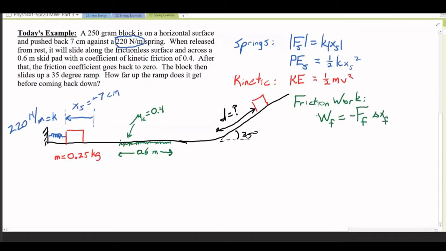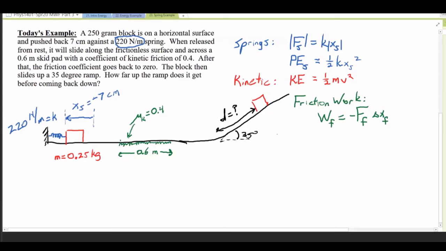That's negative because friction is taking energy away, and we're going to have to calculate the force of friction, and then use that distance, the 0.6 meters, to figure out how much work friction does.